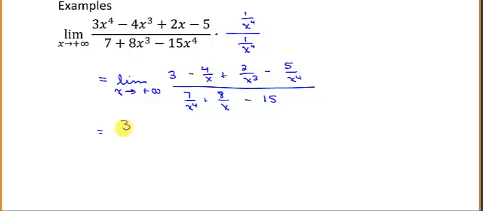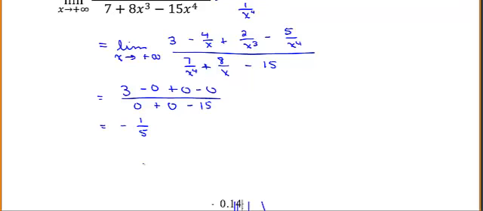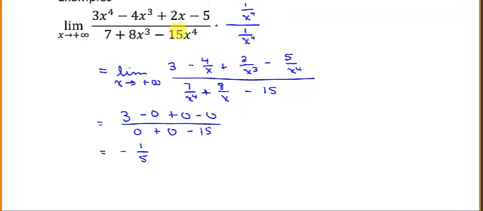So this limit is 3 minus 0 plus 0 minus 0 in the numerator, and 0 plus 0 minus 15 in the denominator. That's 3 over negative 15, which is negative 1/5. Notice the technique: multiply the numerator and denominator by the reciprocal of the highest power of x that appears in the denominator.